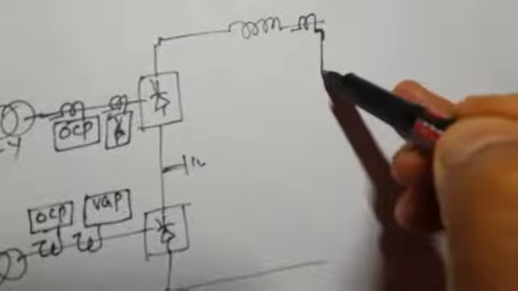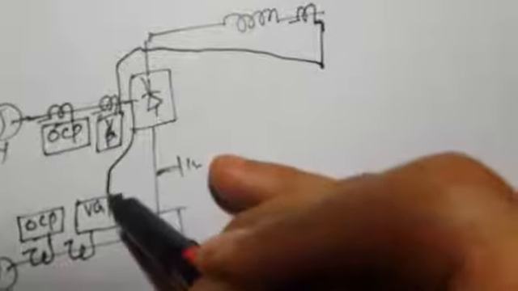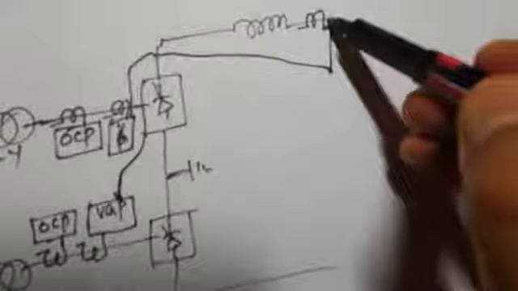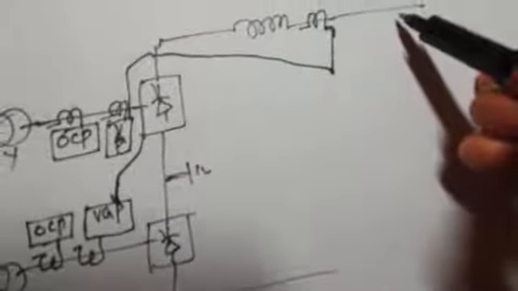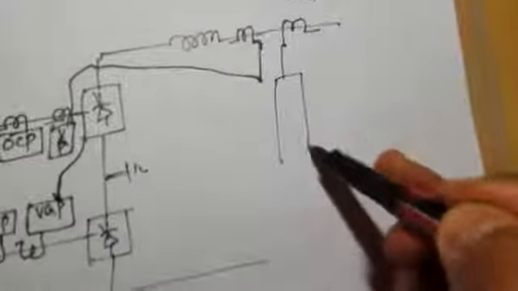Then you have a current sensor here also. This senses the fault current, and it goes here, and another input goes to this. Then you have pole differential protection, PDP.